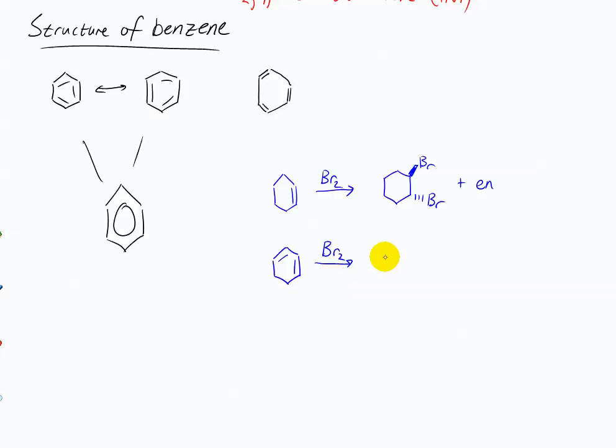So you can get this one, the 1,2 addition, and the 1,4 addition. We talked about that in the last chapter.